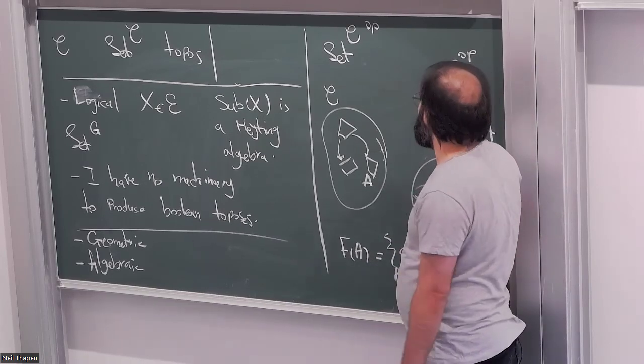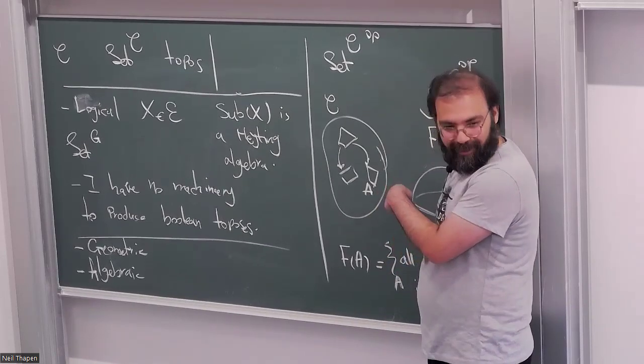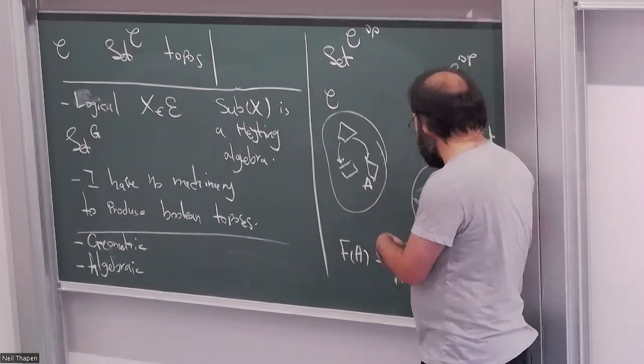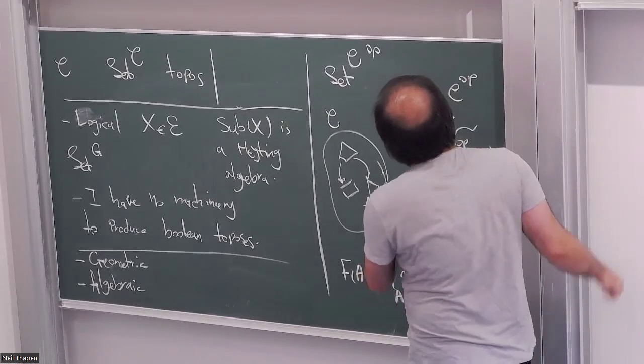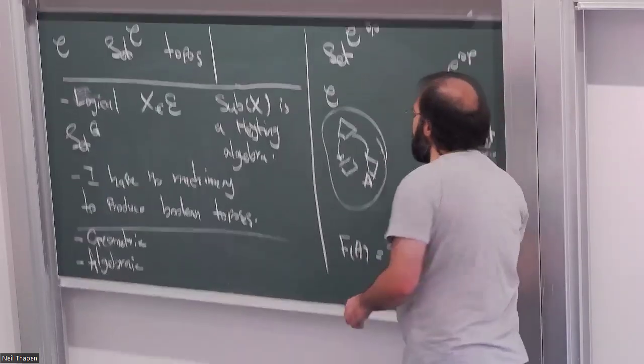So I was saying that there is a name for that, and the name is functor, but actually there is another name, and it's called a pre-sheaf.